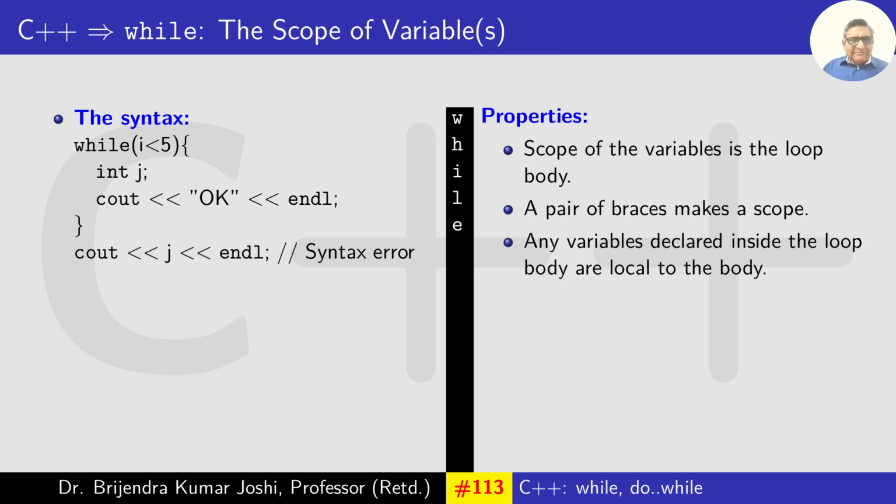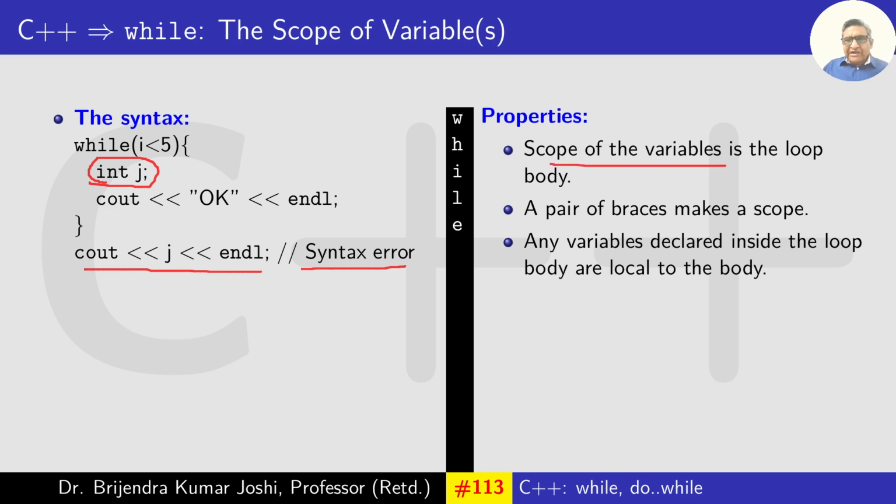Now the scope of variables. In this case, same example, except I have introduced one integer variable inside the loop body. If I want to print the value of this variable j outside the loop body, it will give a syntax error, because j has been declared inside a pair of braces, that is the loop body, so it becomes a local variable to this loop body.